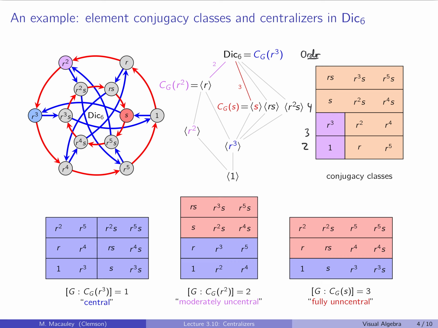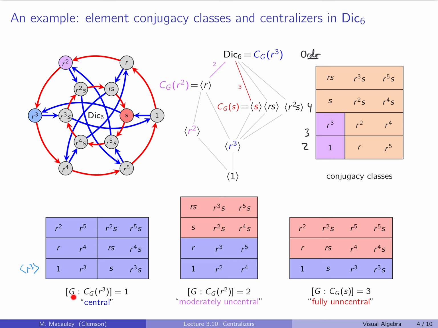Now let's look at the cosets, the left cosets of these cyclic subgroups. First up, we have the subgroup generated by r cubed. It has index 6, and r cubed commutes with everything, so all of these cosets are blue. All of these cosets contain 2 elements in the centralizer because the centralizer is the entire group.